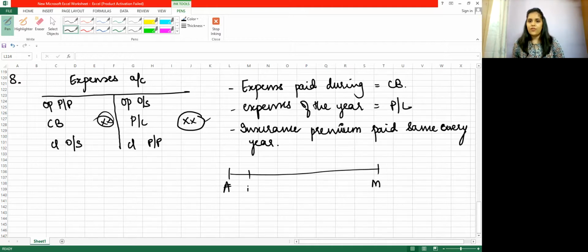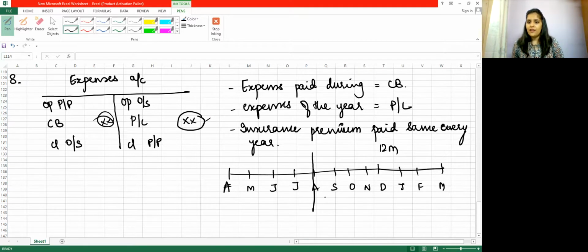So you have May, June, July, August, September, October, November, December, Jan, Feb, and March. Every year, on 1st of August, you are paying 12 months premium.